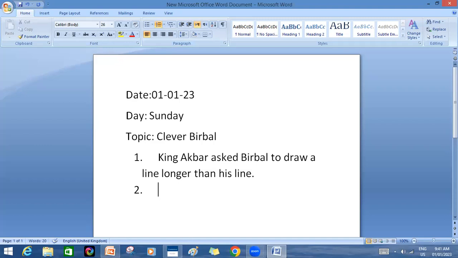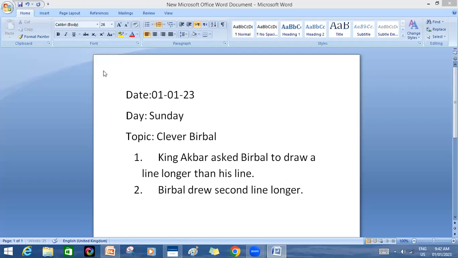Okay, question number 2. How did Birbal solve the problem? Birbal drew a second line longer. So these are the 2 questions.